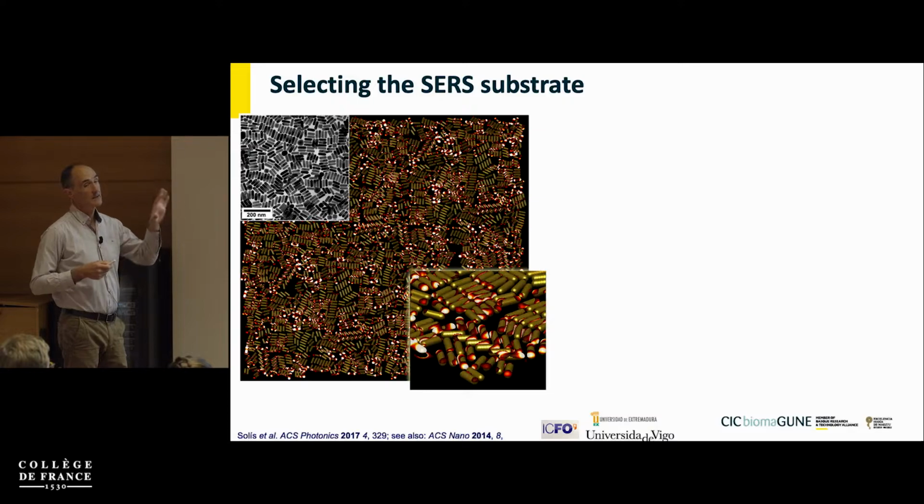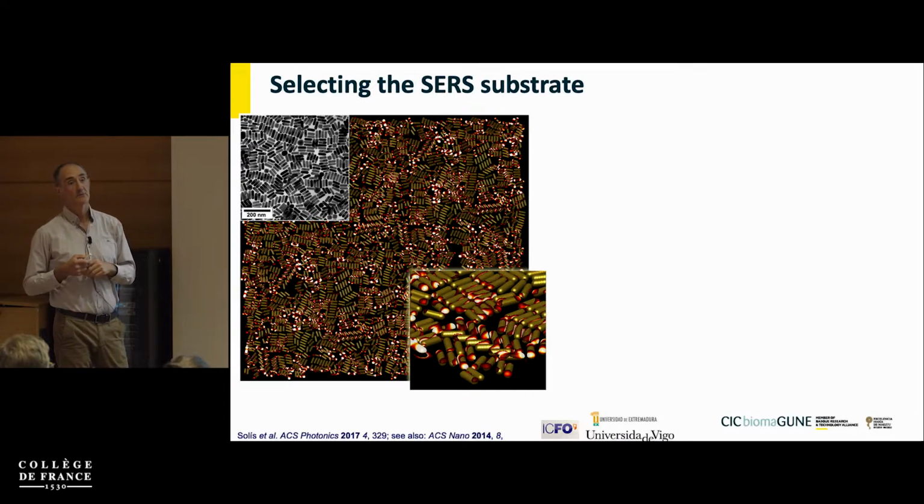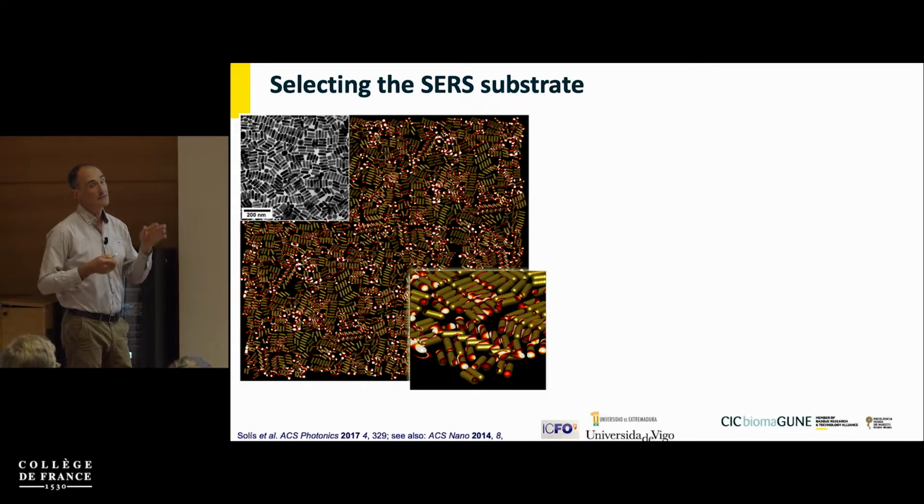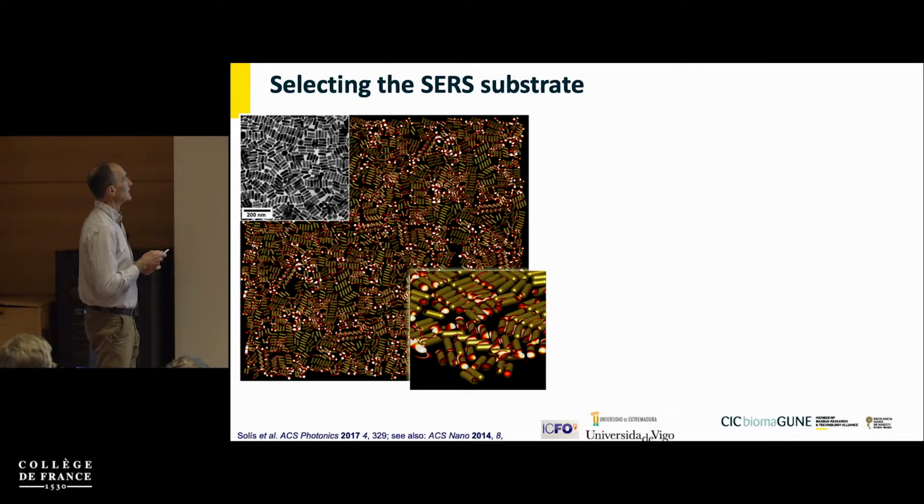So here our colleagues were really trying to simulate what we typically have on a substrate when we dry a droplet of our nanoparticles, which again, if you use the colloidal methods, is the most common way of preparing deposited substrates for Raman enhancement.